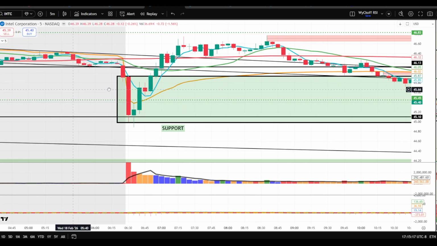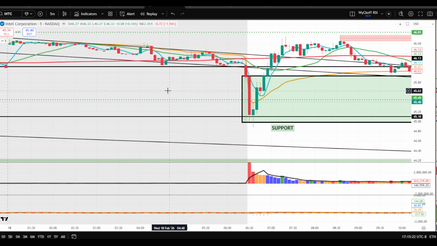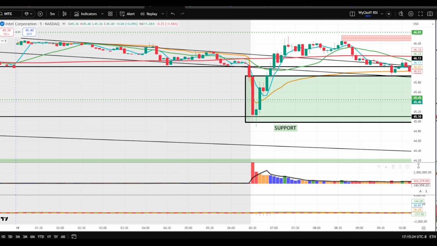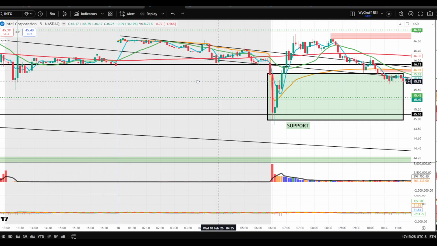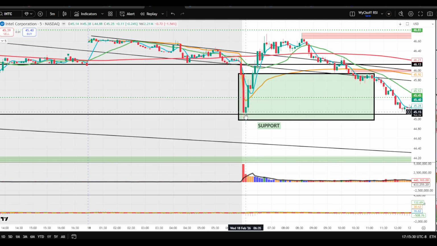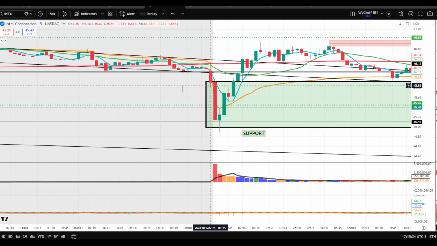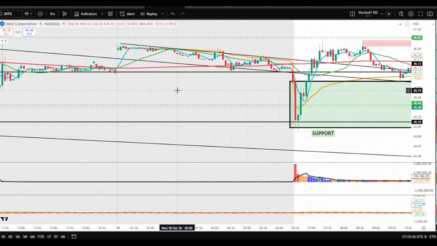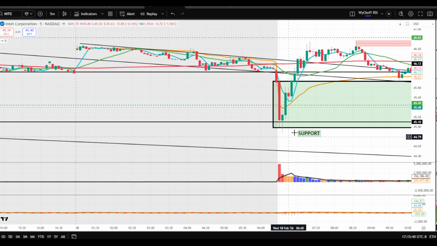So that's why it's important for us to really get an idea where these support levels are, and we take a chance. It doesn't mean that necessarily it's going to hold, but it's a better probability of it holding if it was a strong reaction in the past. That's why you still have to have a stop loss understanding.